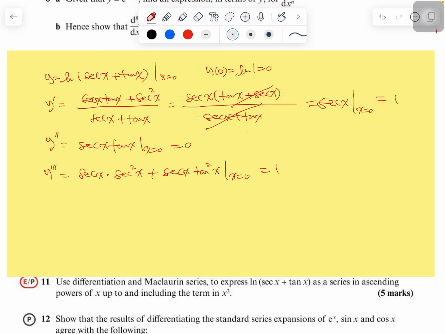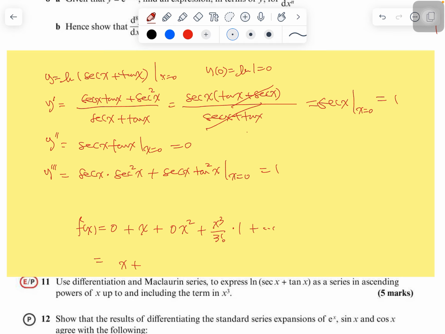You can see from the formula booklet about the Maclaurin series how you can compose it. So f of x becomes f of 0 plus x f prime of 0 plus x squared over 2 factorial times f double prime of 0, which is 0, plus x cubed over 3 factorial times the triple prime of y, which becomes 1, plus blah blah blah.